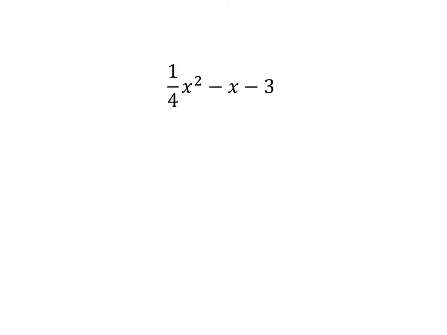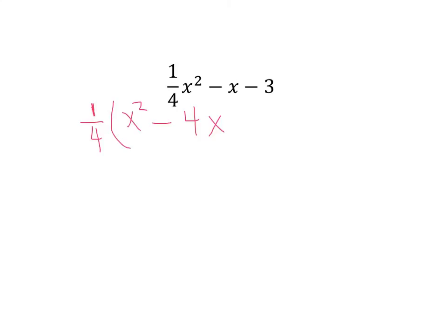So how am I going to get back to x squared? 1/4 x squared, I'm going to multiply an x squared with that, right? Now, what number do I have to multiply 1/4 with in order to end up with a negative x? And that number is going to be a 4. So if I multiply 1/4 times 4, I end up with 1.